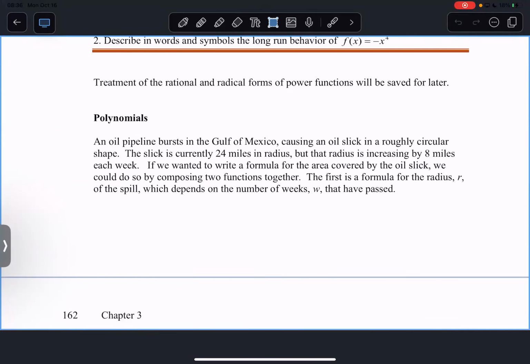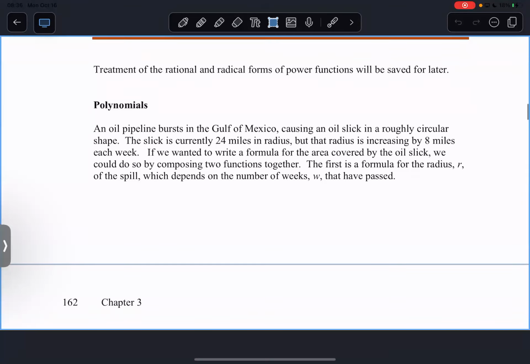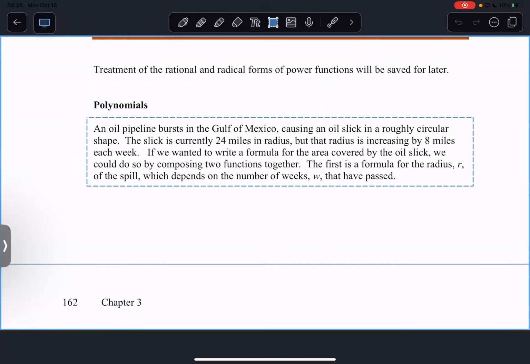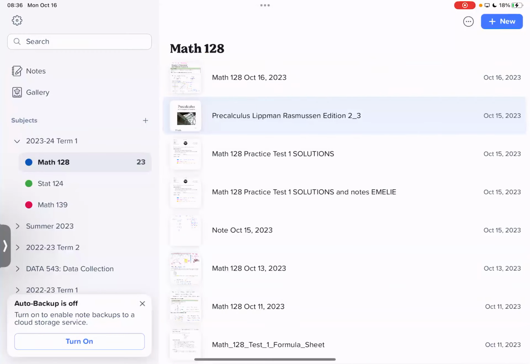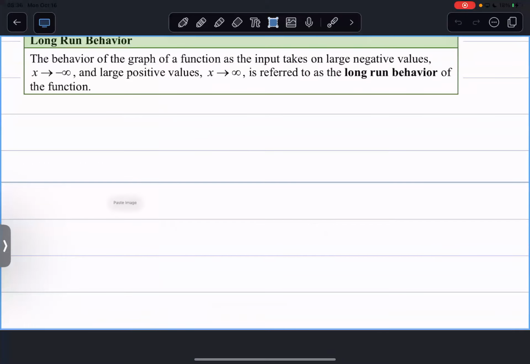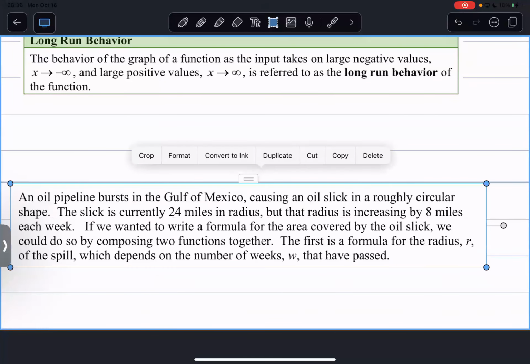Oh, I want to use this example, which they use to introduce polynomials, because it feels very relevant to you, I guess, and the environment. Let me bring it in here.